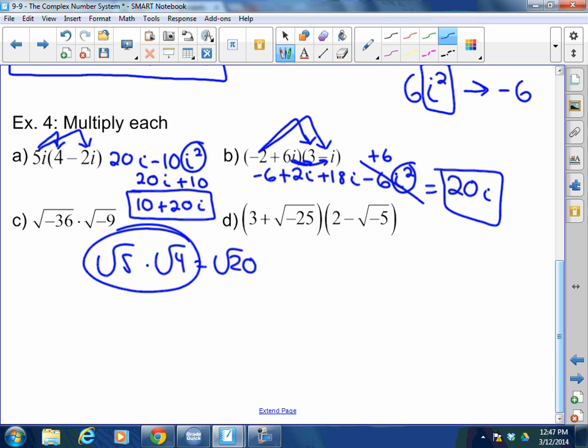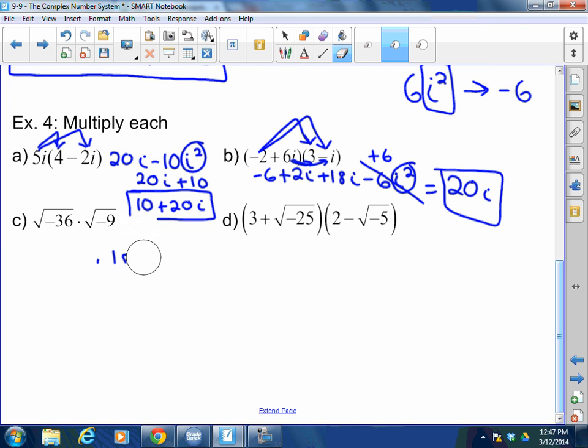Now, if we did that here, though, a negative times a negative, we'd cancel that out and make it a positive, correct? And that's wrong. Whenever you're working with square roots that have negative radicands, whenever you're working with imaginary units, complex numbers in radical form, please take out the i and then multiply.